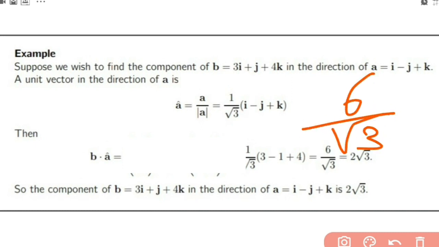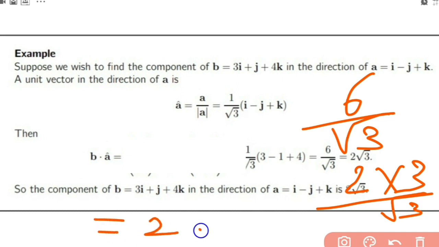So this is the component of vector B in the direction of vector A. Simplifying 6 by root 3, you can write 6 as 2 into 3, so 2 into 3 by root 3. So you'll get it as 2 root 3. So the answer is 2 root 3.